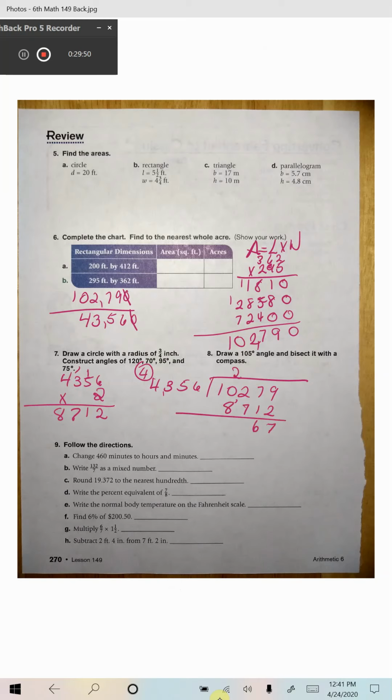Let's subtract. Sorry. I think I subtracted something wrong. I'm sorry, I'm coughing. What did I do wrong? 8,000.